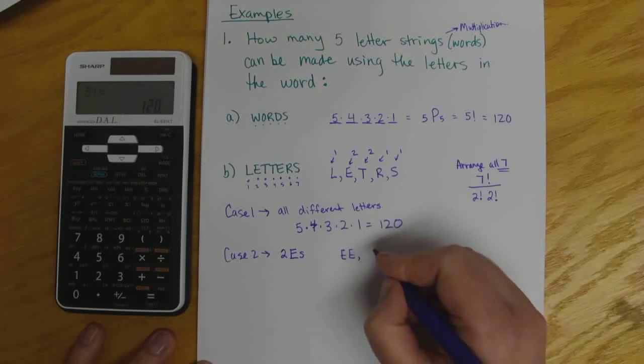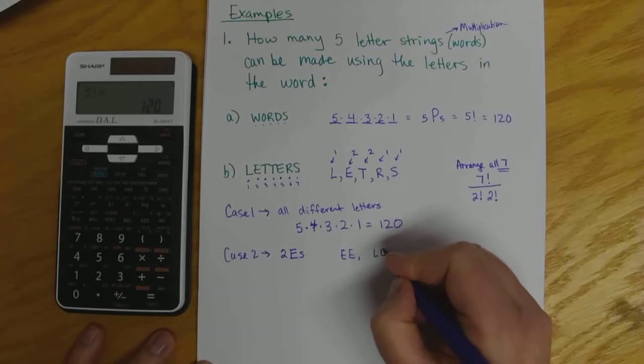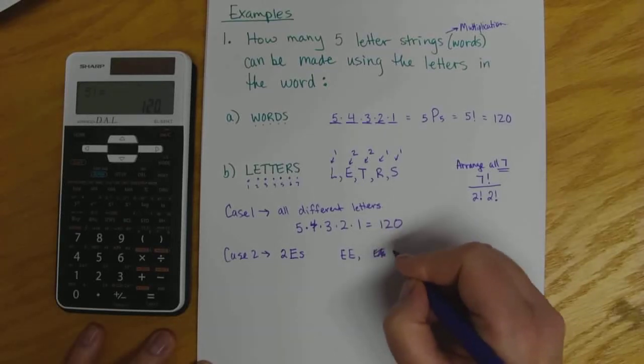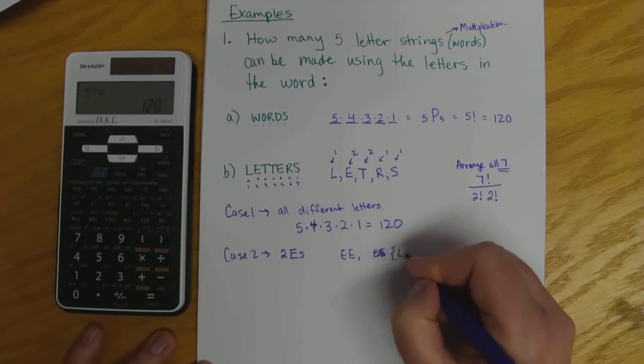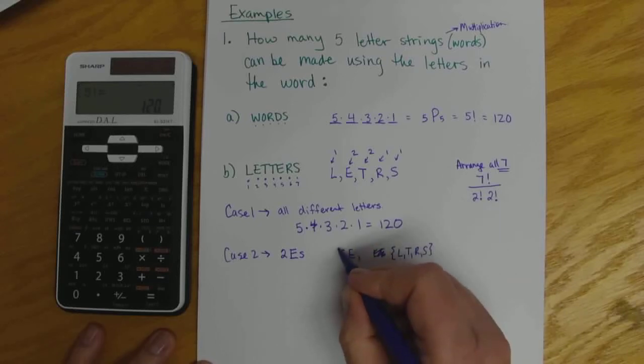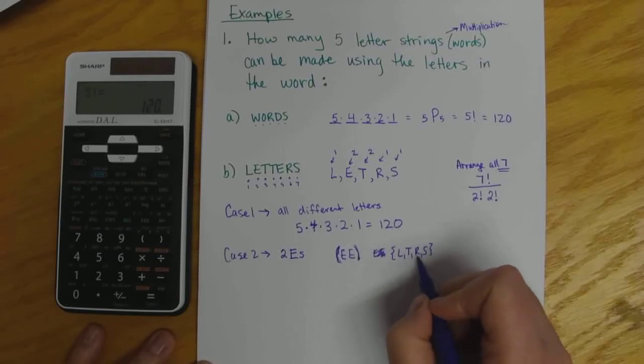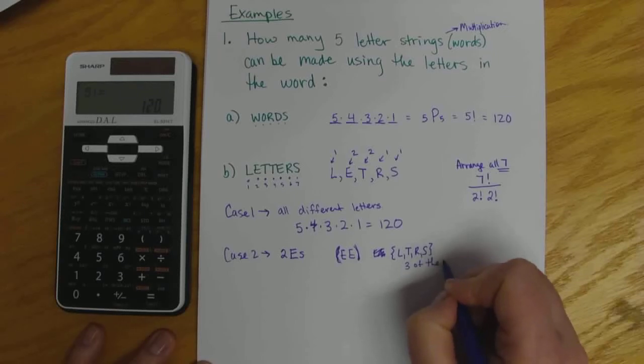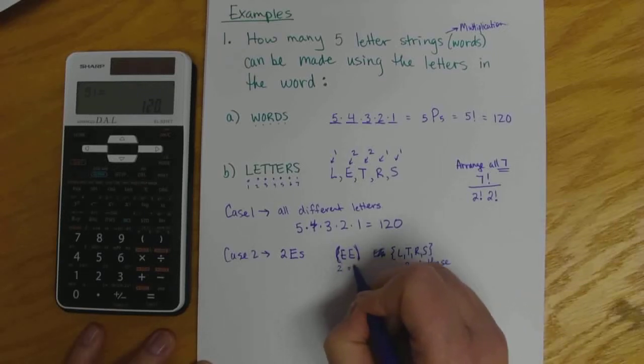There's 4 left: L, T, R, S. So we want to use both of the E's, and then of the 4 others, we want 3 of these.